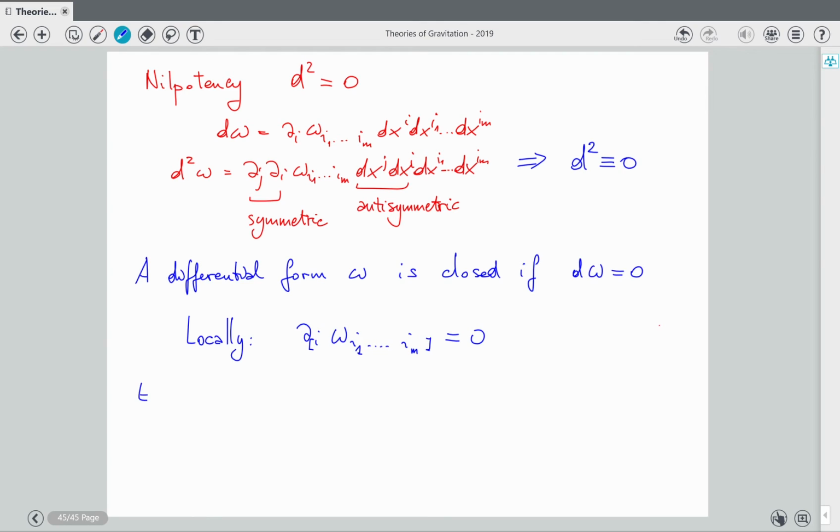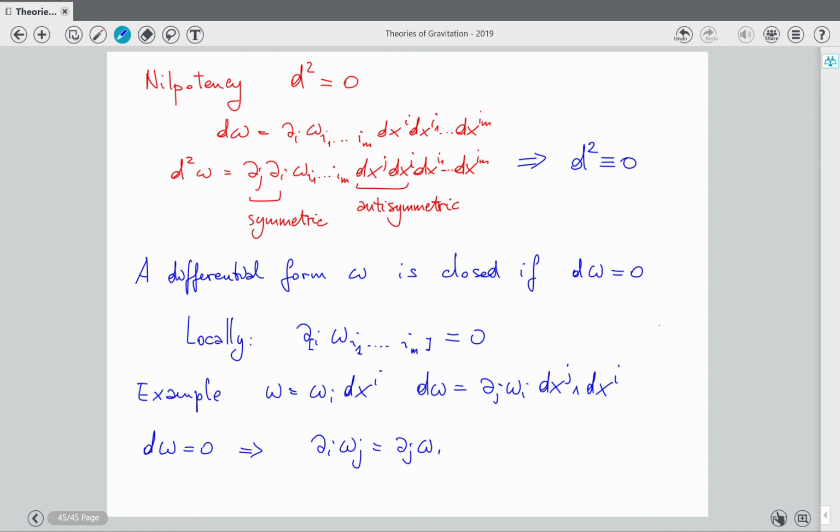So for example, omega equal a one form, omega I dxi. d omega is dj omega I dxj wedge dxi. d omega equals 0 means di omega j equal dj omega I. It means that this object must be symmetric because it multiplies something that is anti-symmetric.